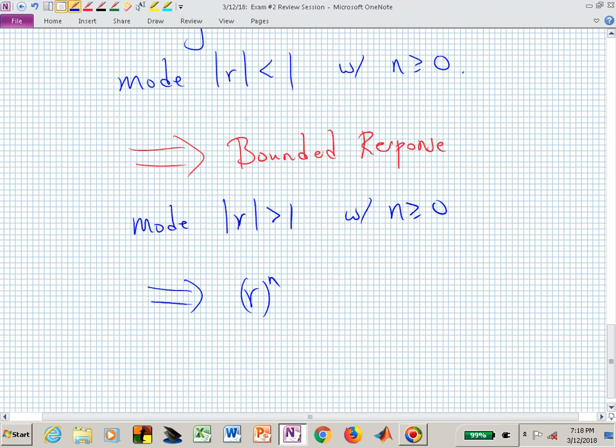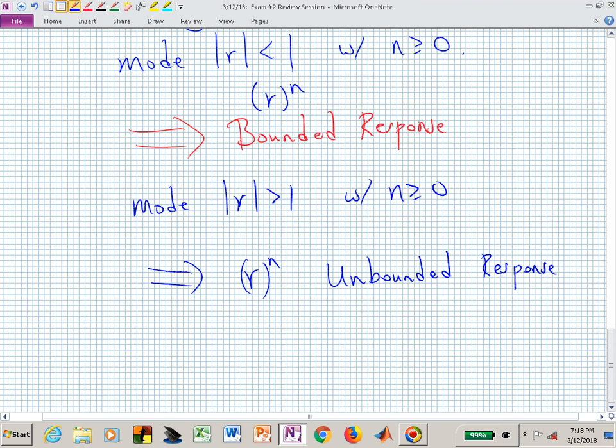Here I'm saying r to the n is my structure in the bounded response, and r was less than 1 and n was non-negative. Boom, it's collapsing. Here, r is bigger than 1, and we have an unbounded response.